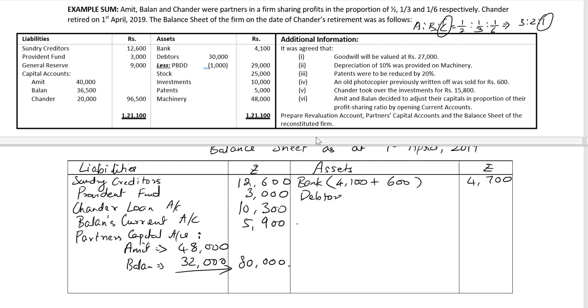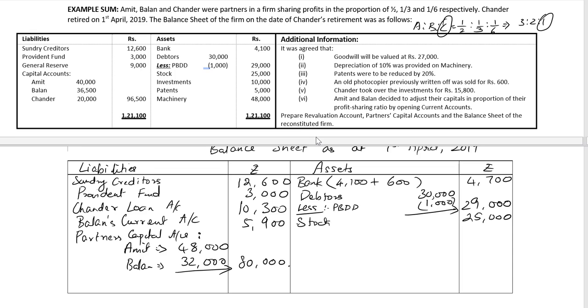Debtors, original amount 30,000. Less, no change in the provision, 1,000 rupees, 29,000 rupees. Stock, no change in value, 25,000 rupees.